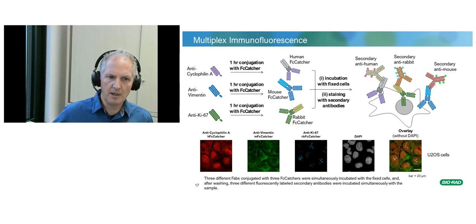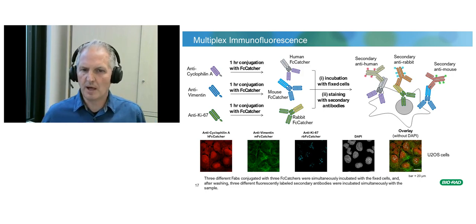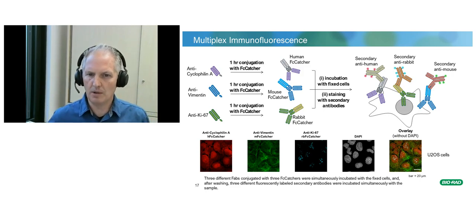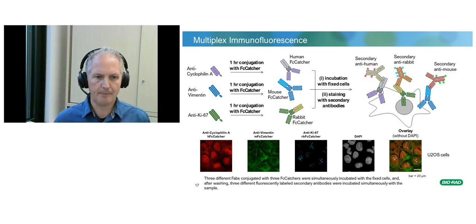And as you can see here at the bottom, with immunofluorescence, we could nicely locate the 3 antigens. So it not only works nicely, it even works nicely for multiplexing.